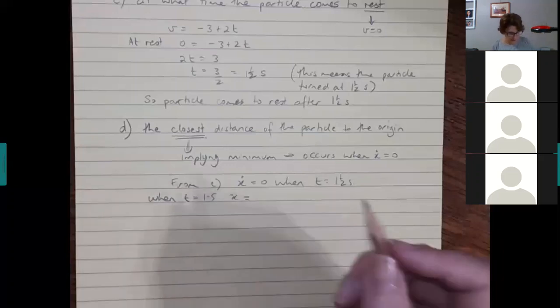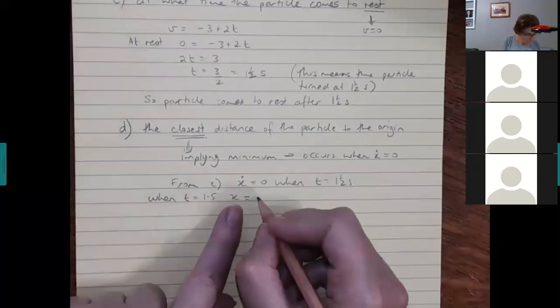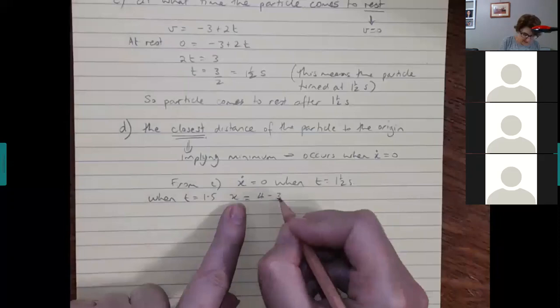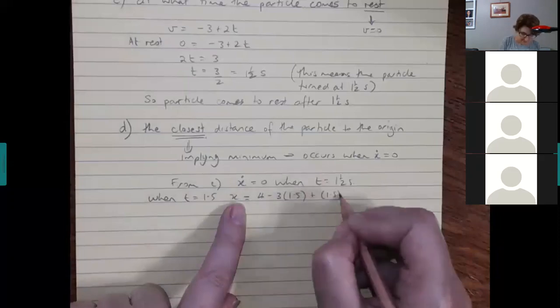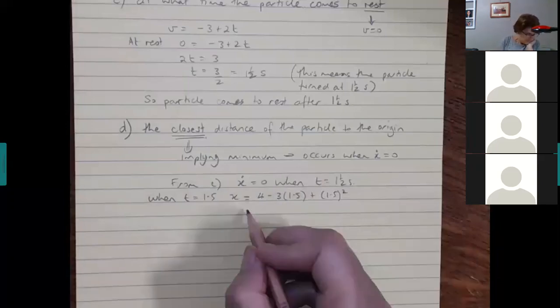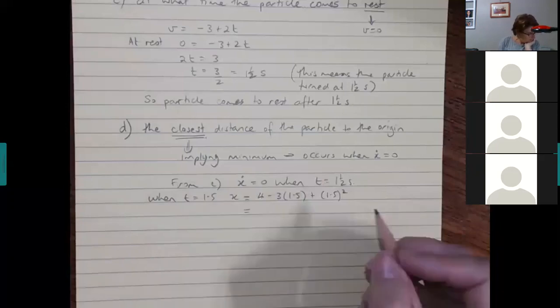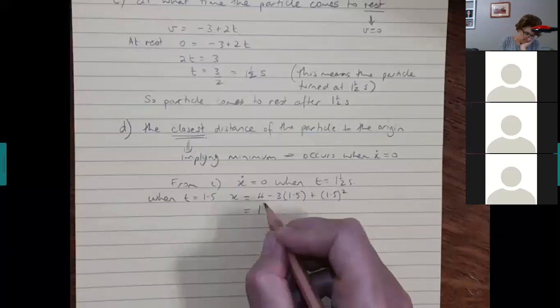I've got to find the displacement question. So we've got 4 minus 3 times t plus t squared. And if you do that, I think you get 1 3/4 or 1.75.